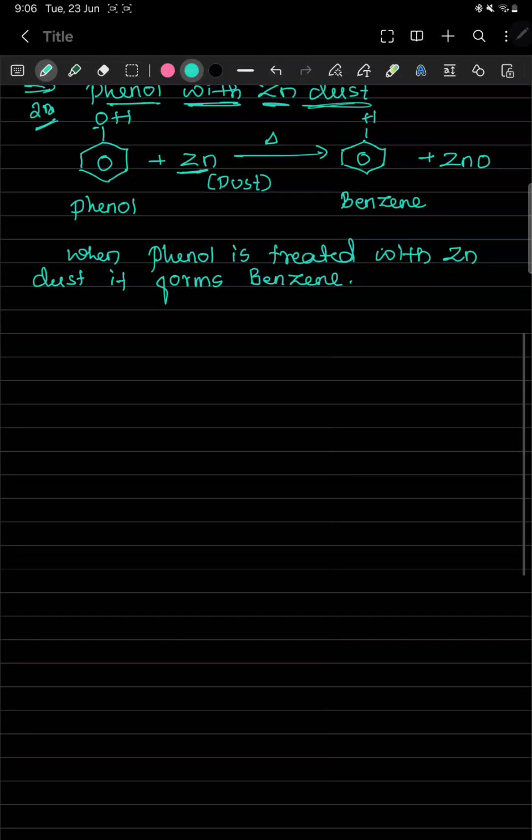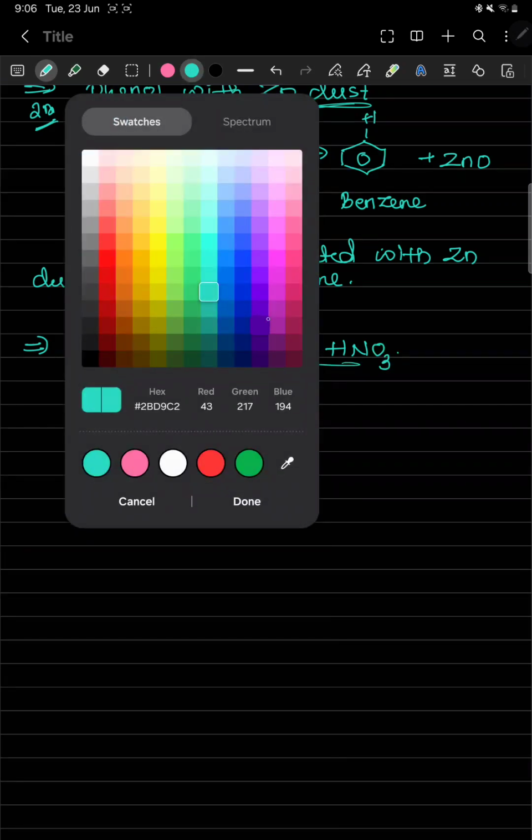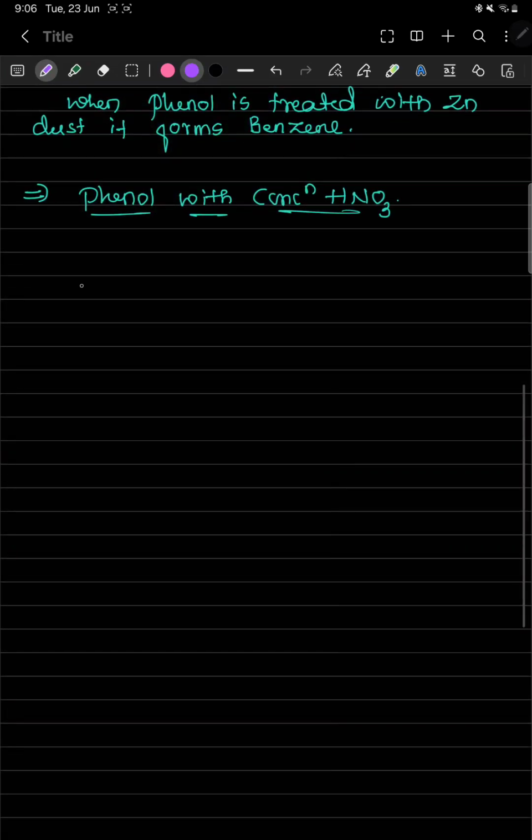And one more reaction we are going to cover today, which is again an important question: phenol with concentrated HNO3, nitric acid. HNO3 is said to be nitric acid. So how does this reaction work? Very simple. We are going to take phenol, again as usual benzene with OH.